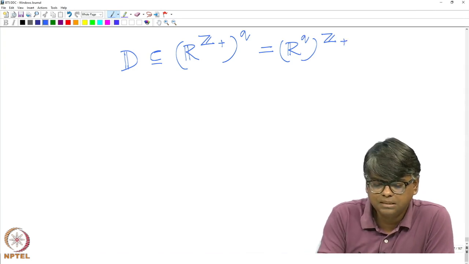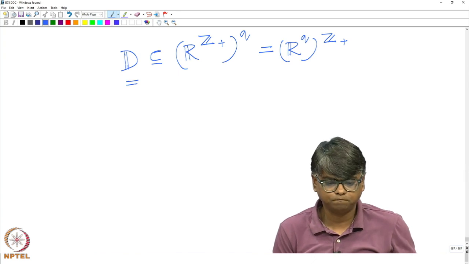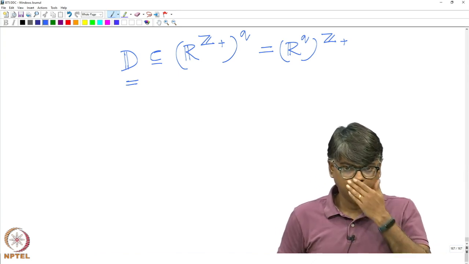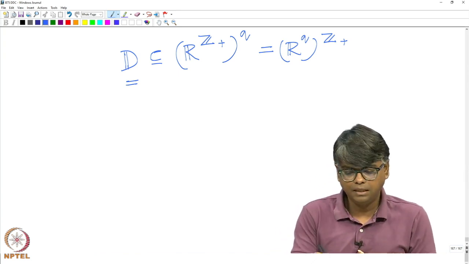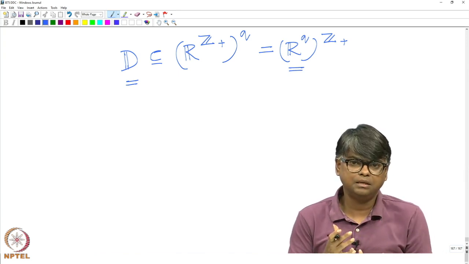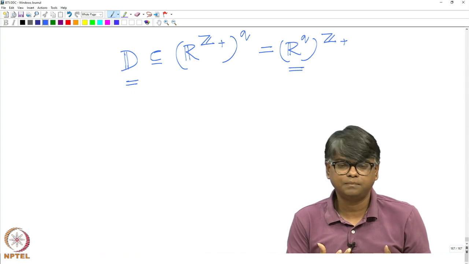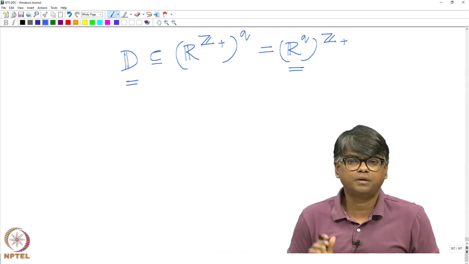So, this is a typical data set that we have here. That is, it is a collection of trajectories. Each element of this set is a trajectory, and D is such a subset of this. That means it contains one or several trajectories.